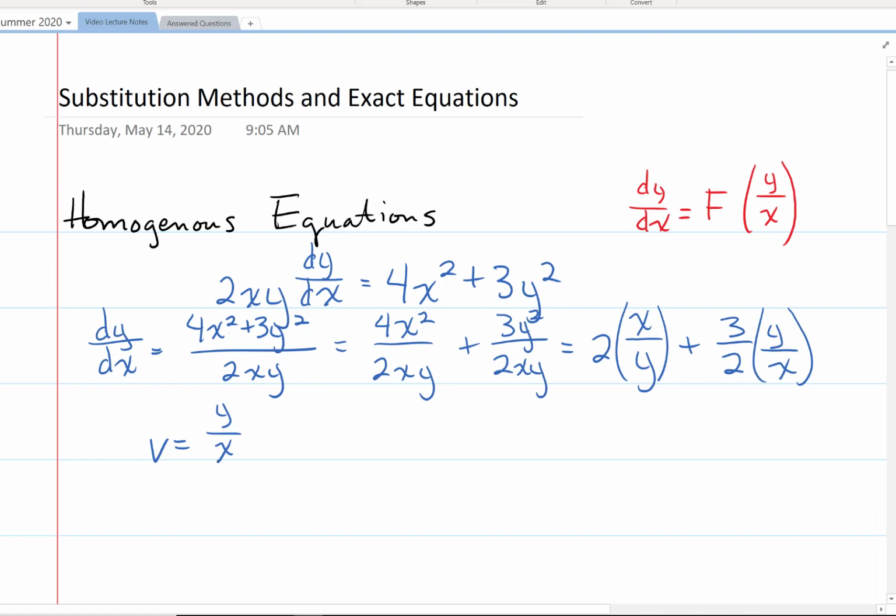And what that does for us is that gives us this type of equation. dy/dx equals 2 times 1 over v plus 3 halves v.